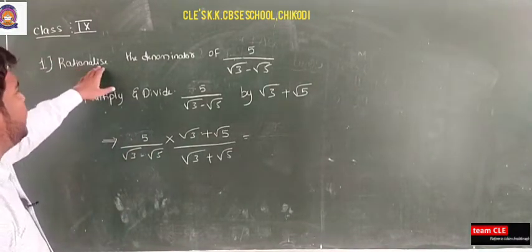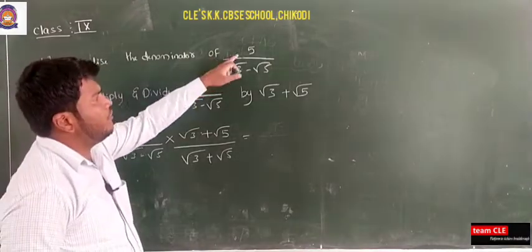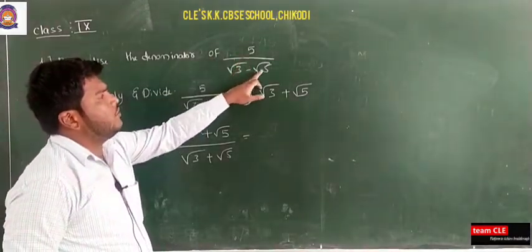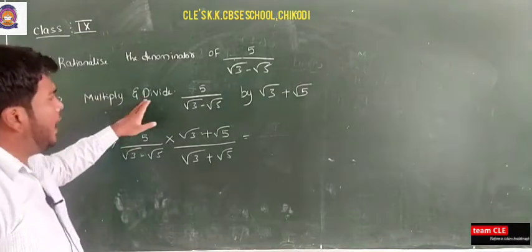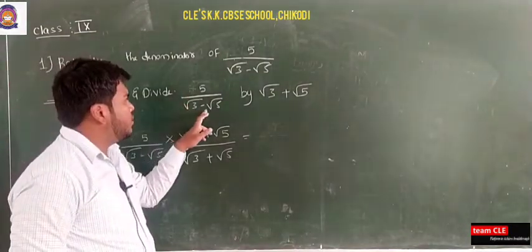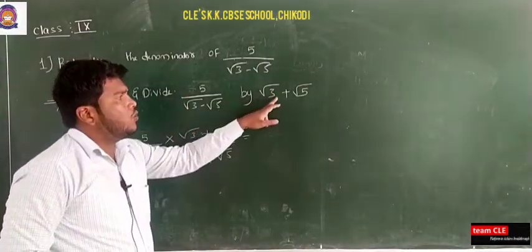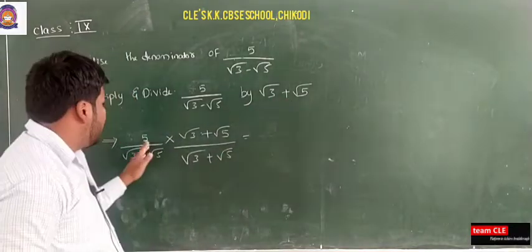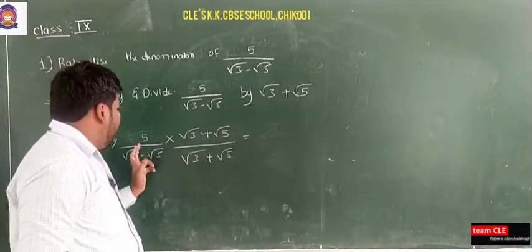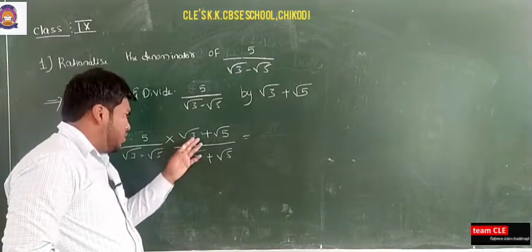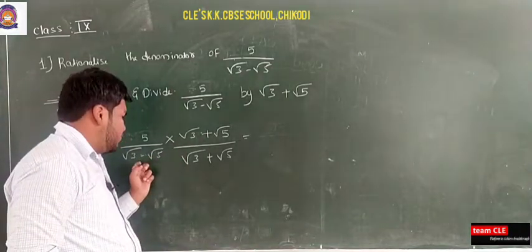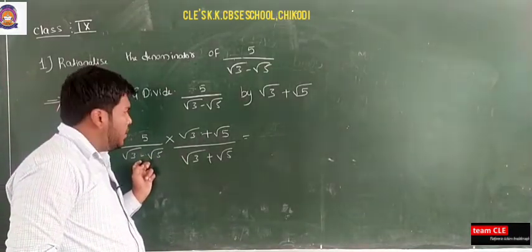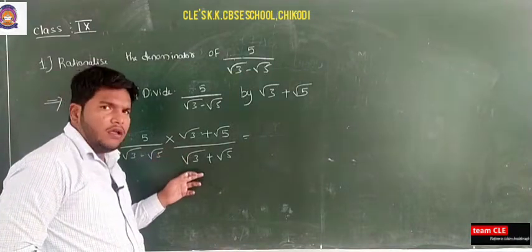So this is the question: rationalize the denominator of 5 divided by root 3 minus root 5. First multiply and divide 5 divided by root 3 minus root 5 by root 3 plus root 5. By changing the operation, you multiply with the same expression in the numerator and denominator.